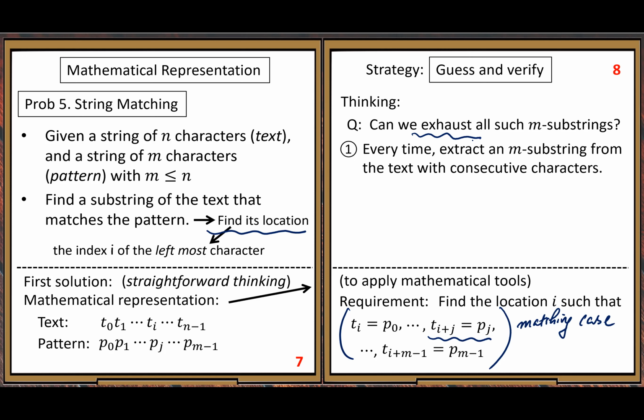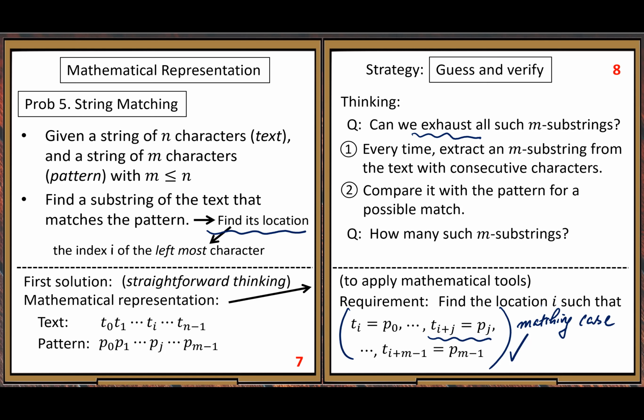Step two, compare it with the pattern for a possible match. So this kind of comparison goes one after another, in order.